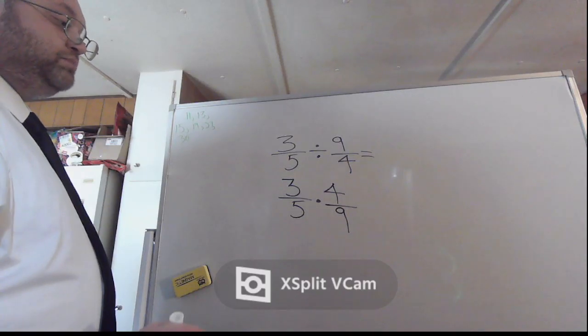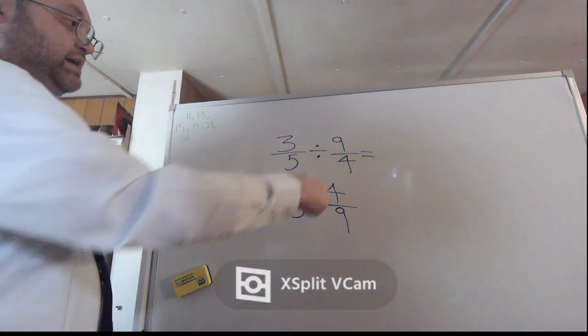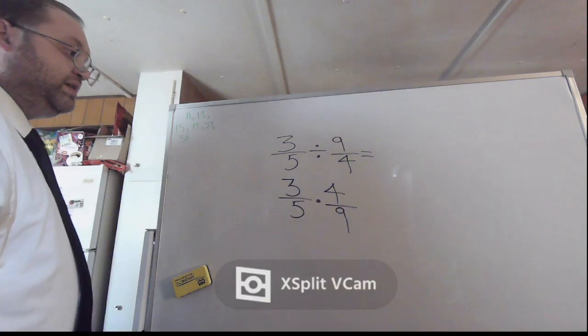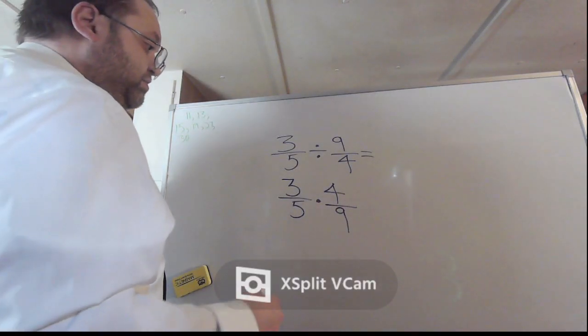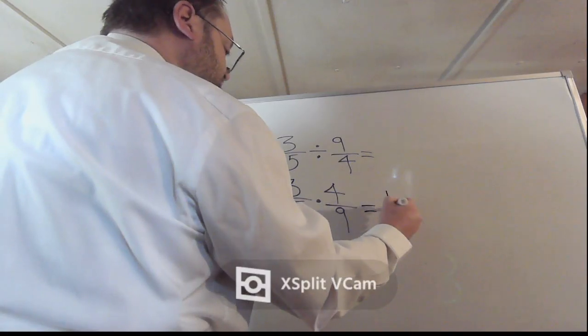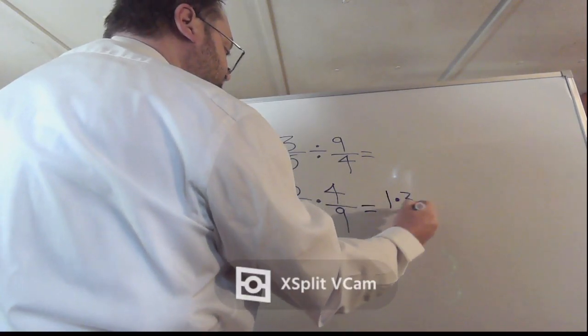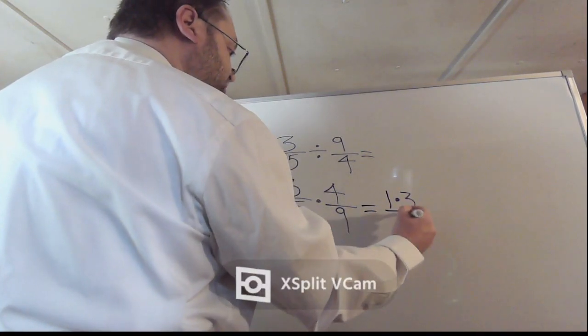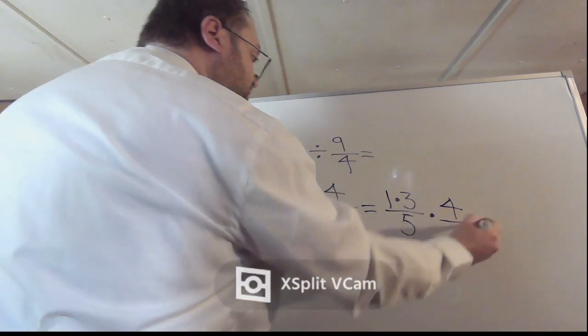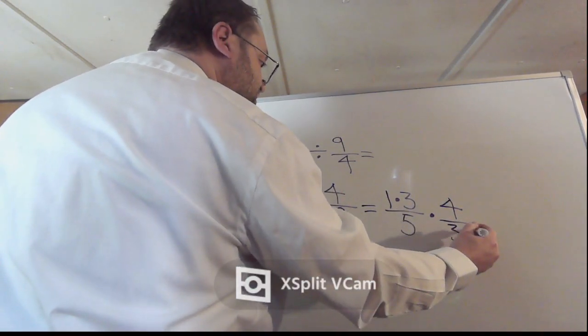Alright, so we've inverted and multiplied the 9/4, turning it into 4/9. We got some factors we can cancel out between the 3 and 9, so this will turn into 1 times 3 over 5 times 4 over 3 times 3.